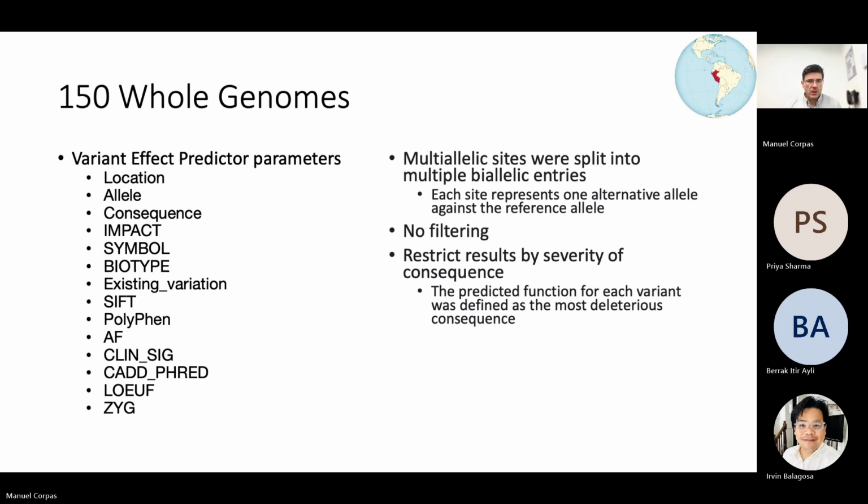So if we start looking into the specific DNA mutations that are characteristic for each of these populations, we would want to use something called variant effect predictor.